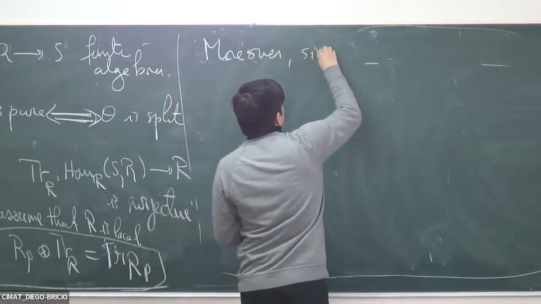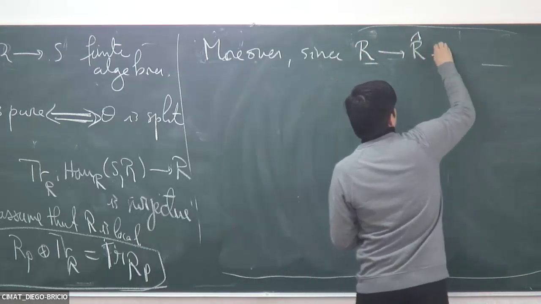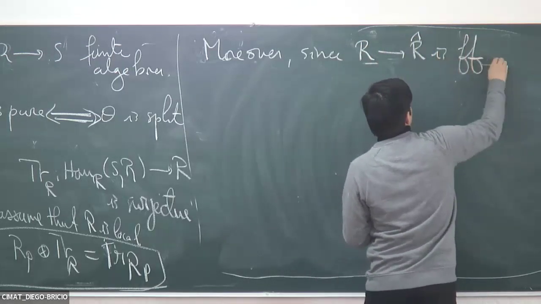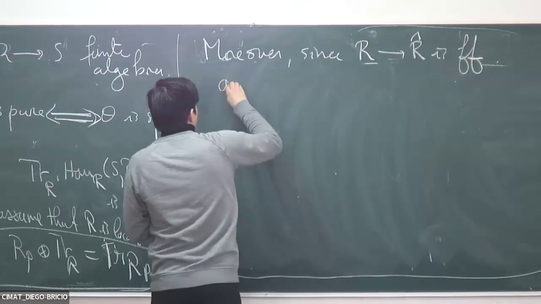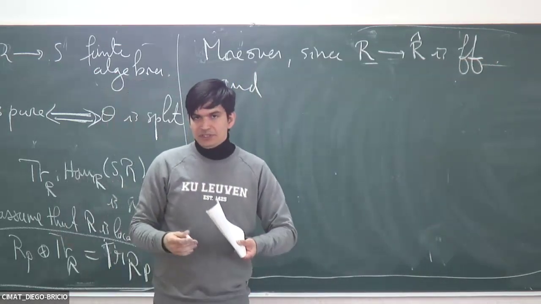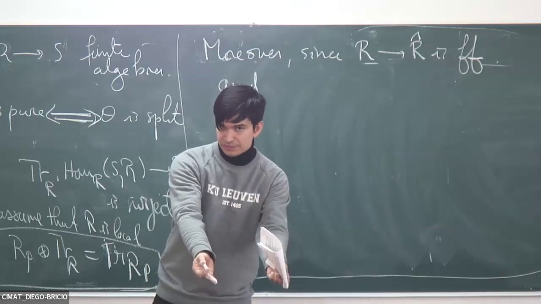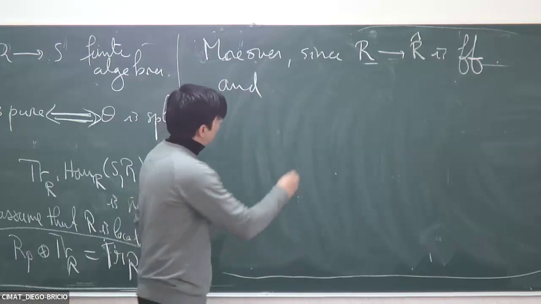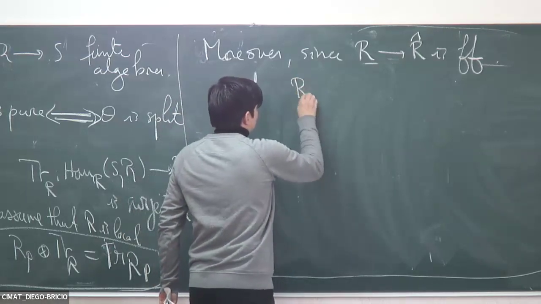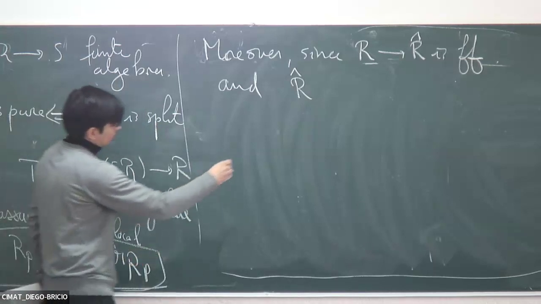Moreover, since R to R hat is faithfully flat, in other words, it preserves surjectivity, surjectivity can be checked after completion, right? And so in this step again, you need that S is finite.